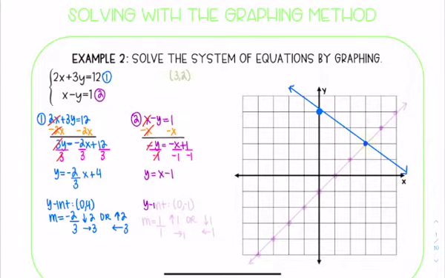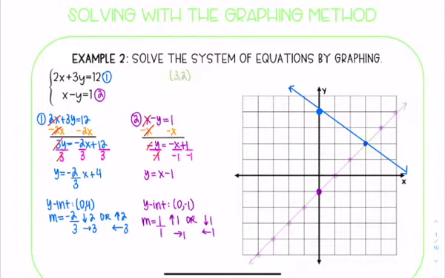And so my y-intercept is the point (0, -1), and my slope is 1, or we can write this as 1 over 1. And so we can go up 1 unit and to the right 1, or we can go down 1 unit and to the left 1.